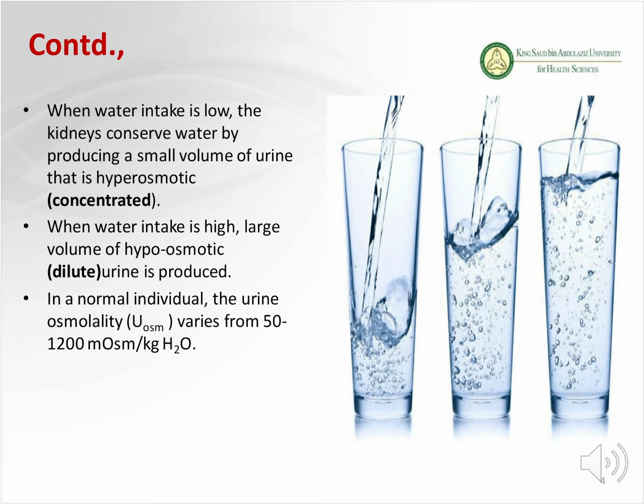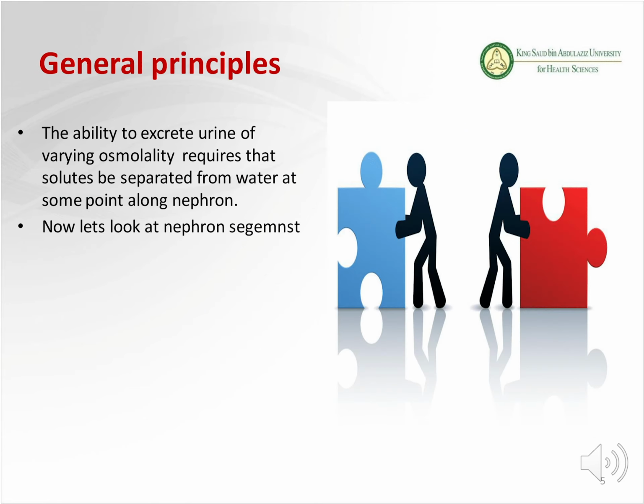In a normal individual, urine osmolarity varies between 50 and 1200 milliosmoles per kilogram of water. This is a general principle. The ability to excrete urine of varying osmolarity requires solute to be separated from water at some point in the nephron.